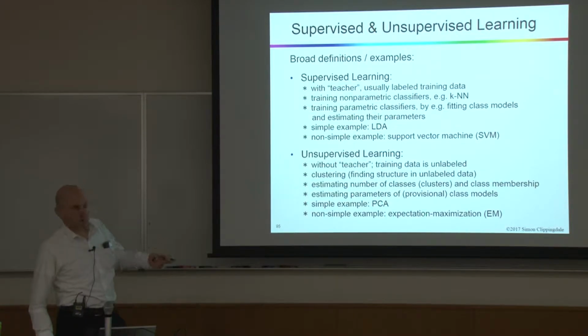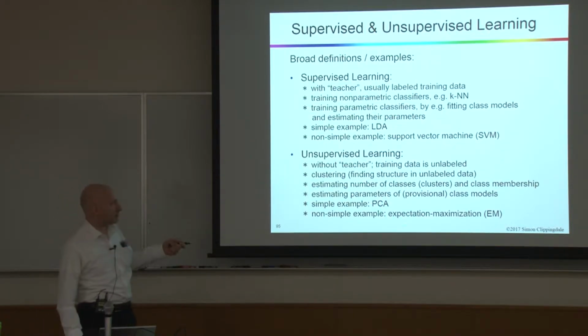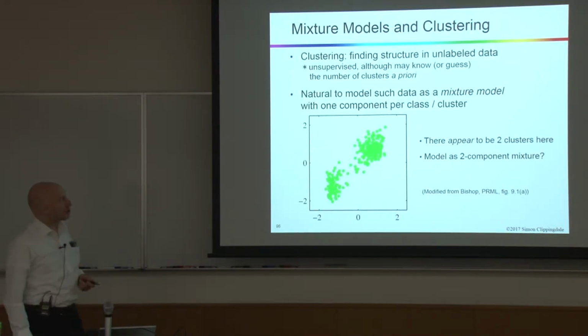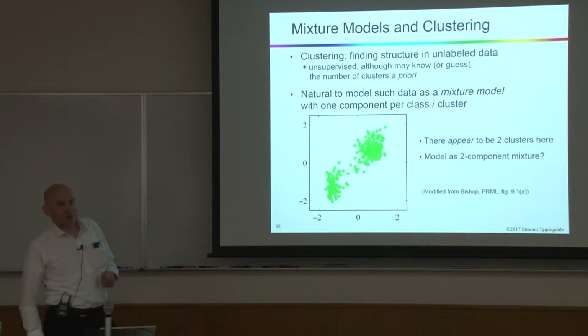A non-simple example that we'll cover in a moment is expectation maximization. So, clustering. This is unsupervised learning, and we're going to look at mixture models which represent the data as a mixture of a number of per cluster models. So if you look at this data, it kind of looks like there are two clusters there.